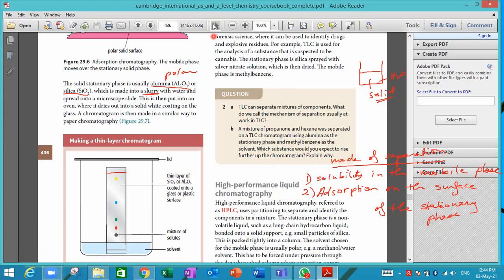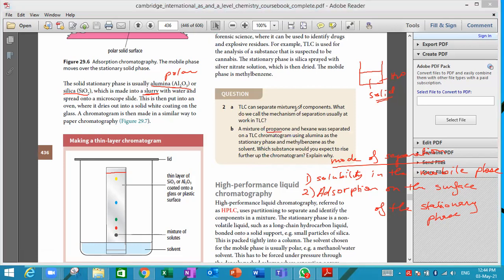Now, if we look at propanone, propanone is polar because propanone is CH3, C double bond O, CH3. And this means that oxygen carries a partial negative charge, carbon carries a partial positive charge, and it's polar. But hexane is non-polar, isn't it? It is an alkane, and all alkanes are non-polar.